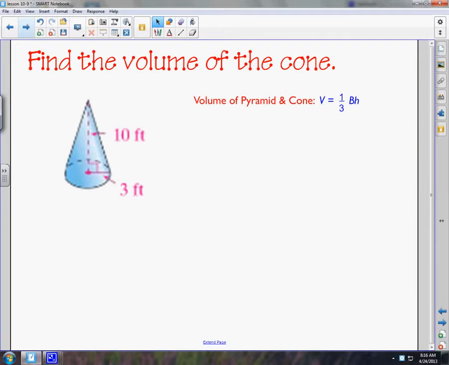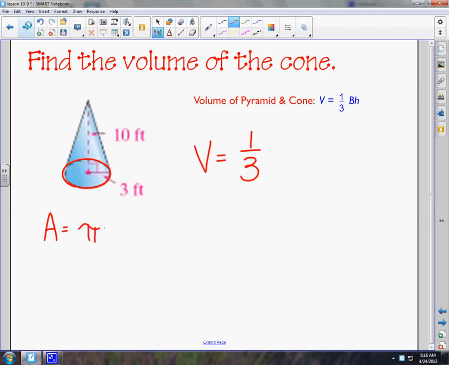Okay, find the volume of the cone. So, to find the volume, I'm going to do 1/3 times the area of the base. Well, the area of the base, I'm going to do on the side. The area of the base is this circle, and the area of a circle is pi r squared. So that would be pi times the radius squared, which is pi times 9.